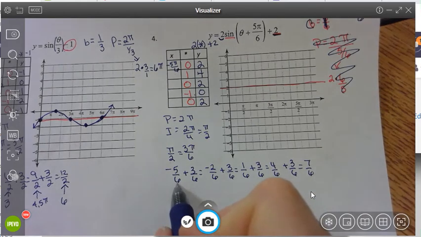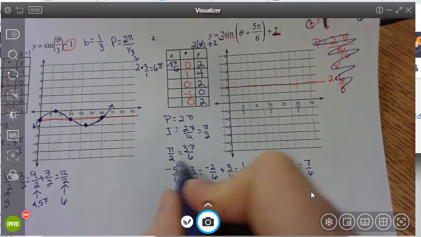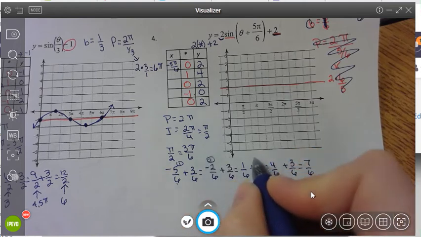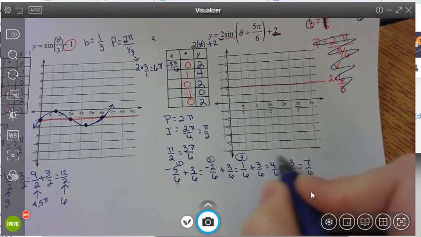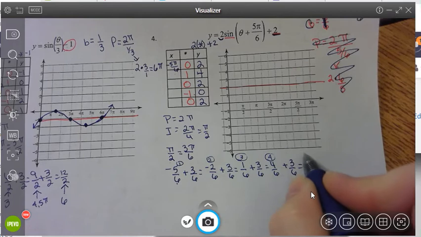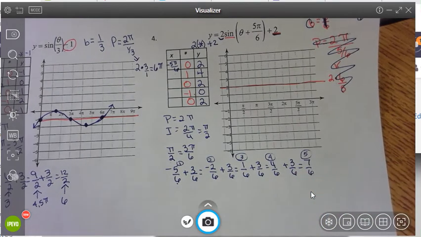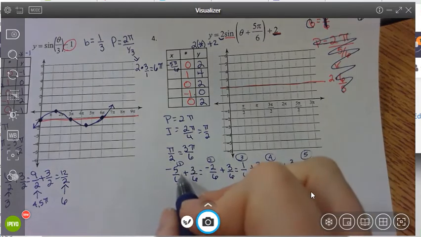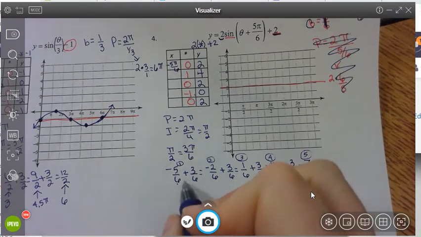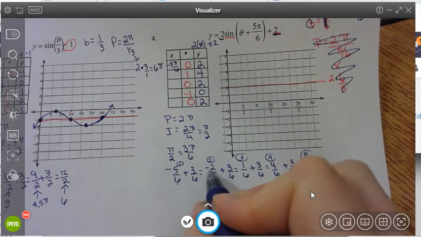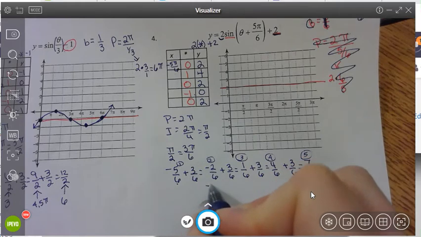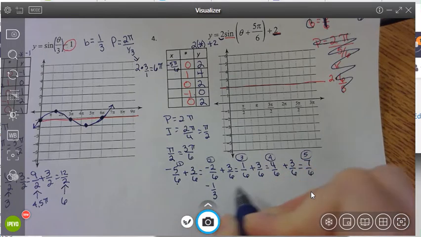So this is the first one. This is 1. This is 2. This is 3. This is 4. Holy cow, we got it. This is 5. So I've got everything that I need, but I want you to see that it comes out a little bit strange because 2/6 reduced is negative 1/3.